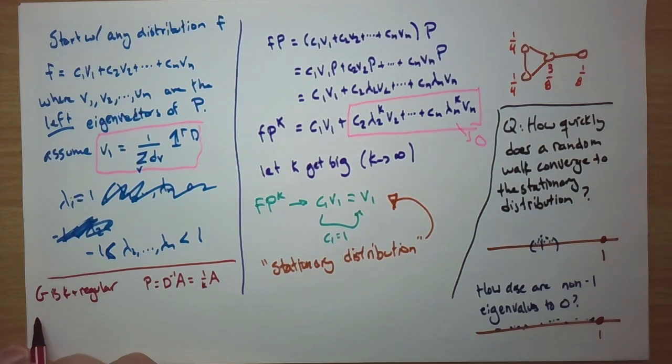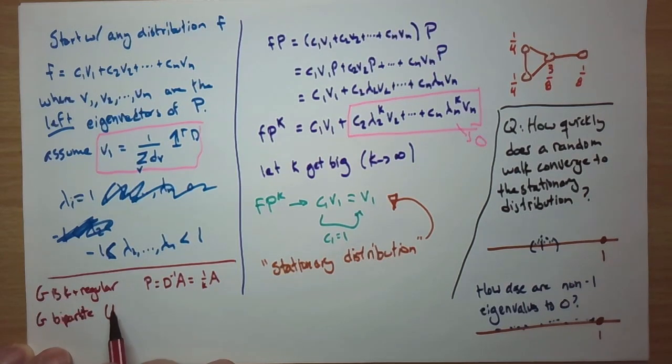So G is bipartite, and let's say K-L biregular. So your graph looks like this, with edges in between. On one side it's K-regular, on the other side it's L-regular.